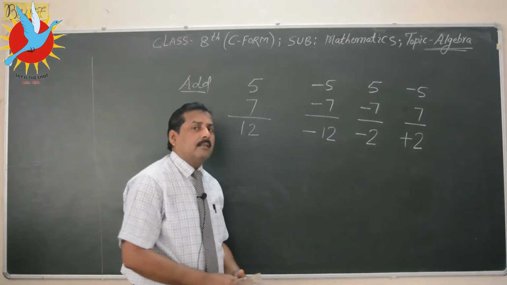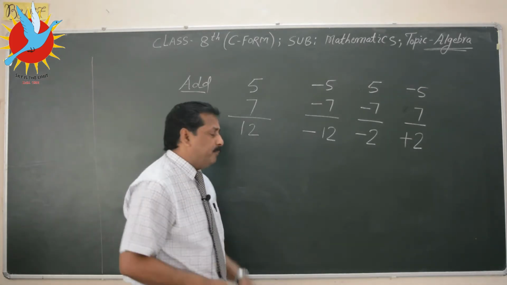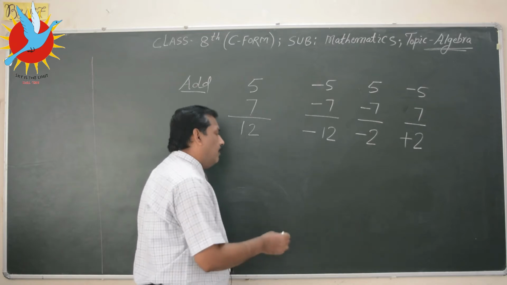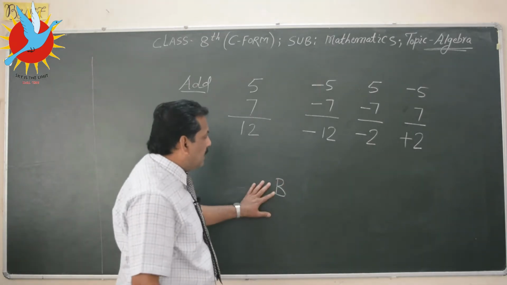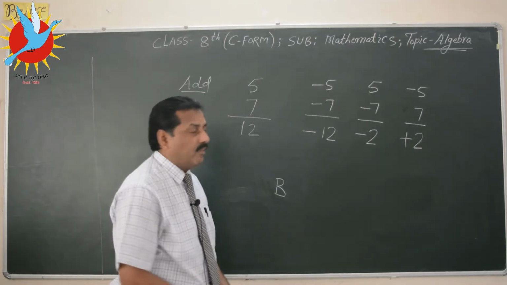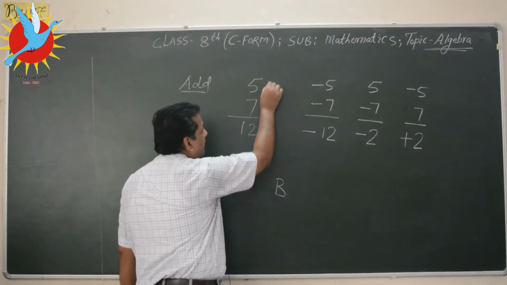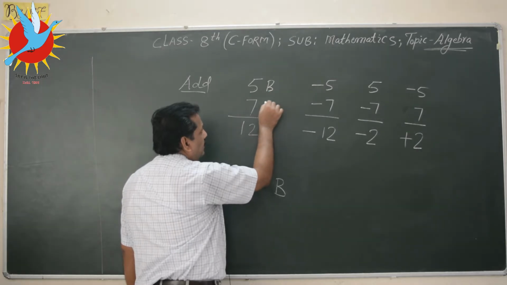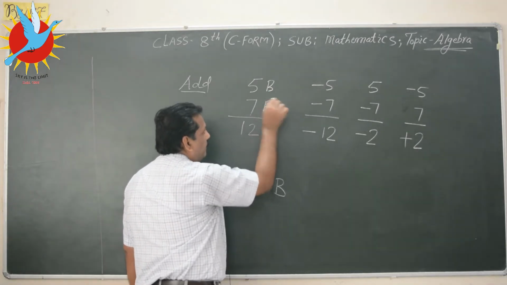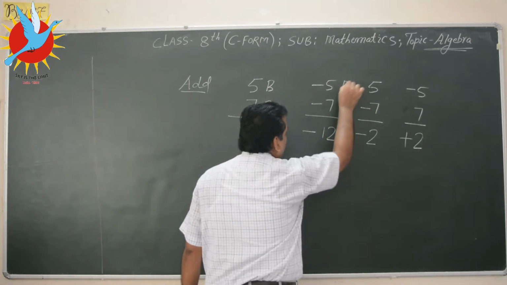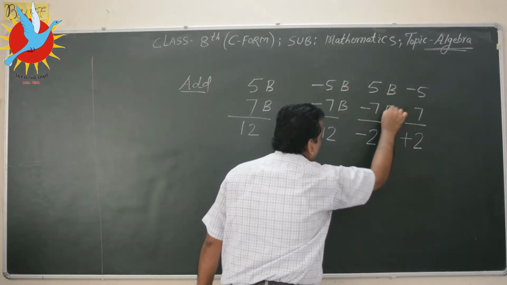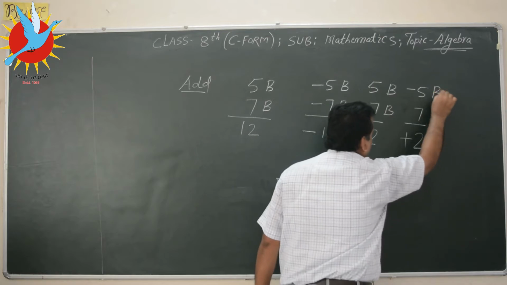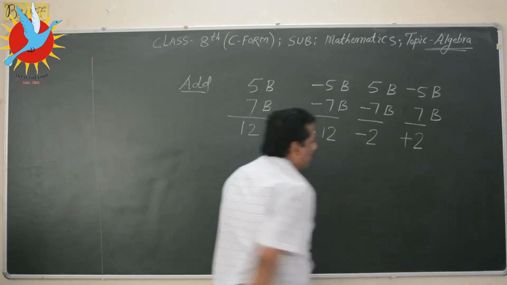Now, algebra is nothing but this. Let us say the price of a book is B. So B stands for the price of a book, and see how I am writing 5B and 7B. This is again B and B, and this is B and B. So remember it.